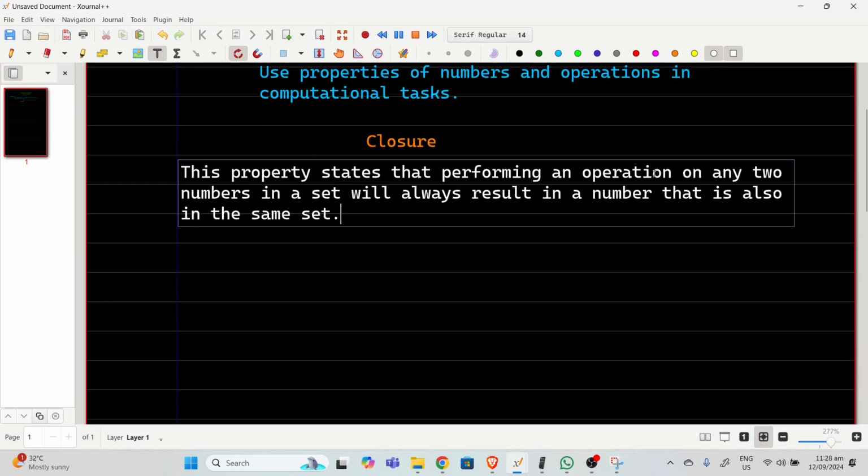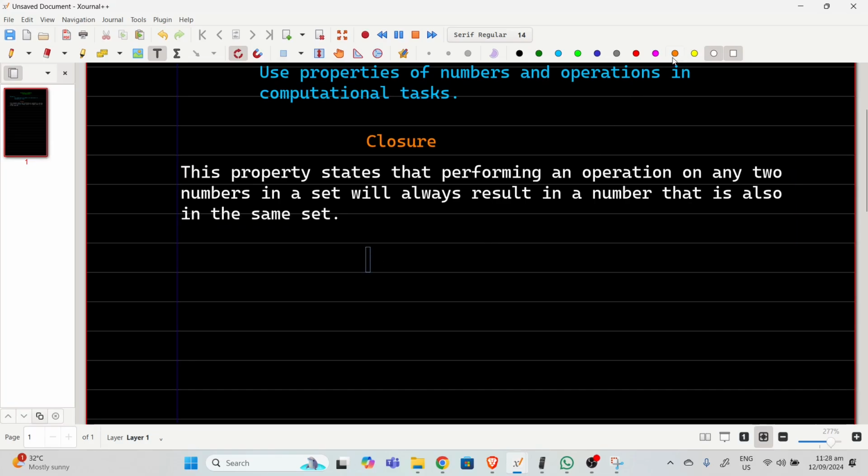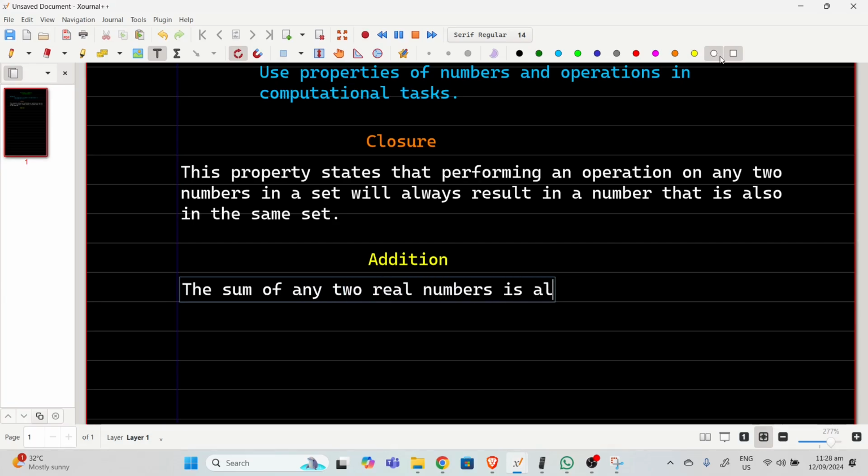Right? So if we're talking about closure and we look at one of the operations, let's say addition, and we try to establish closure for addition, we'll see that the sum of any two real numbers is always a real number.